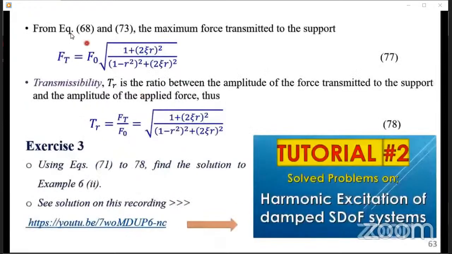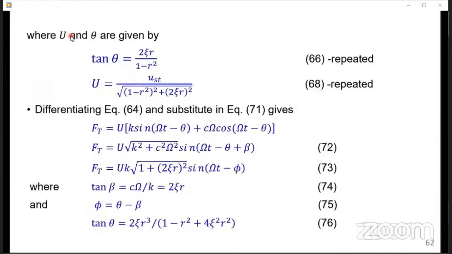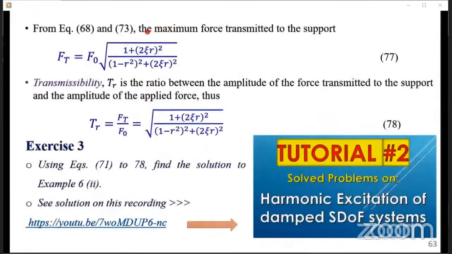Okay, and from equation 68, 68 is where now we have the displacement or the amplitude of the steady state response, U capital U. From that equation, the maximum force transmitted to the foundation, to the support.